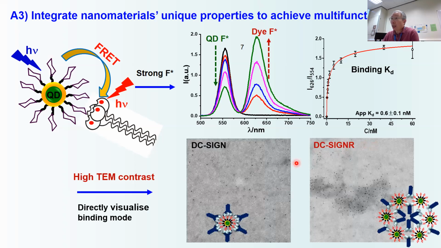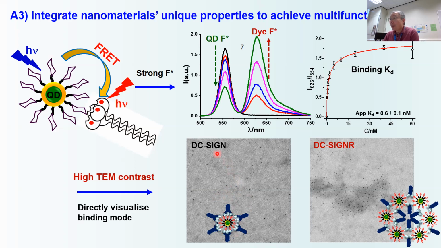And also, quantum dots are solid nanoparticles. They have high contrast under electron microscopy. So in this case, if the binding causes the nanoparticles to aggregate or disperse, then we can use TEM to directly image how this binding works.